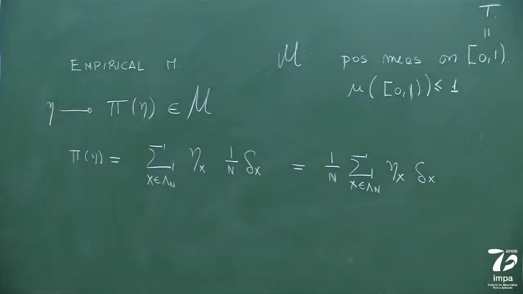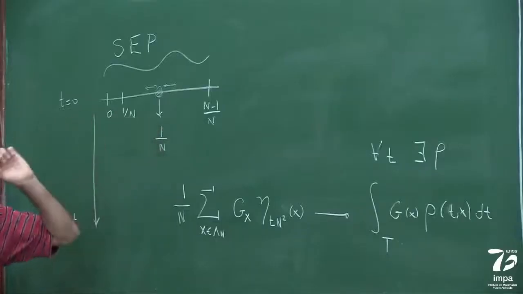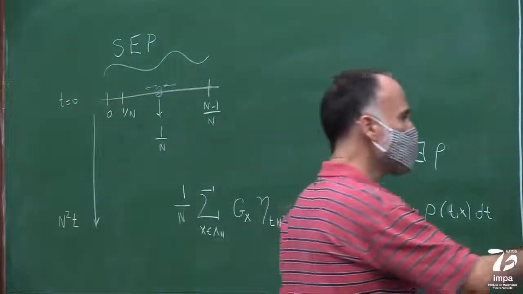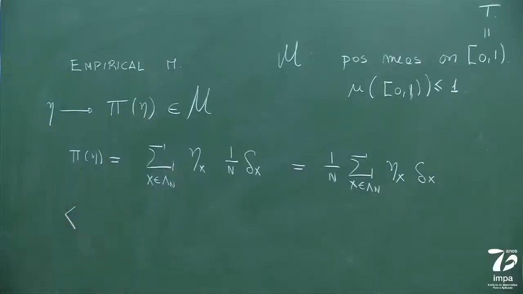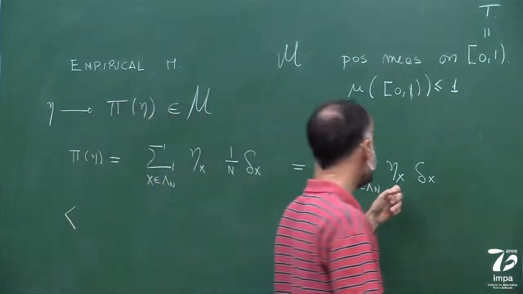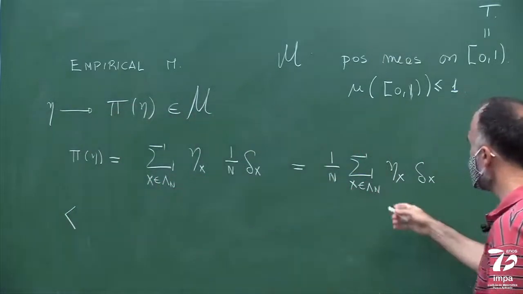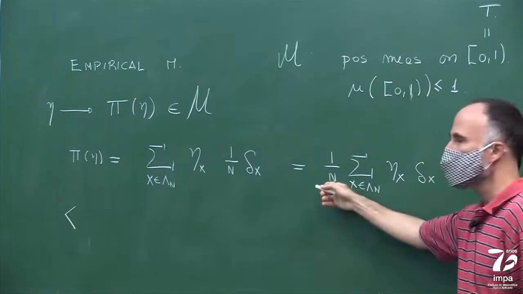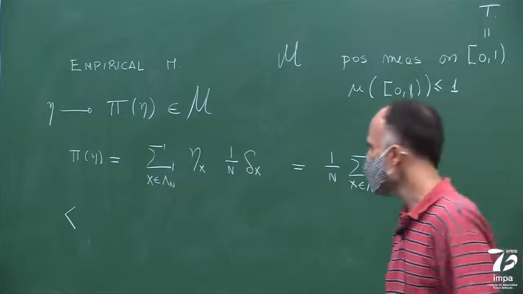So if there is a particle at x, I just place a mass of weight 1 over n at this site. And so this is a measure. It's positive, and its total mass is bounded by 1. Okay? If I want to maximize the mass, I will place a particle at each site, and the total mass will be n divided by n, which is 1. Okay.